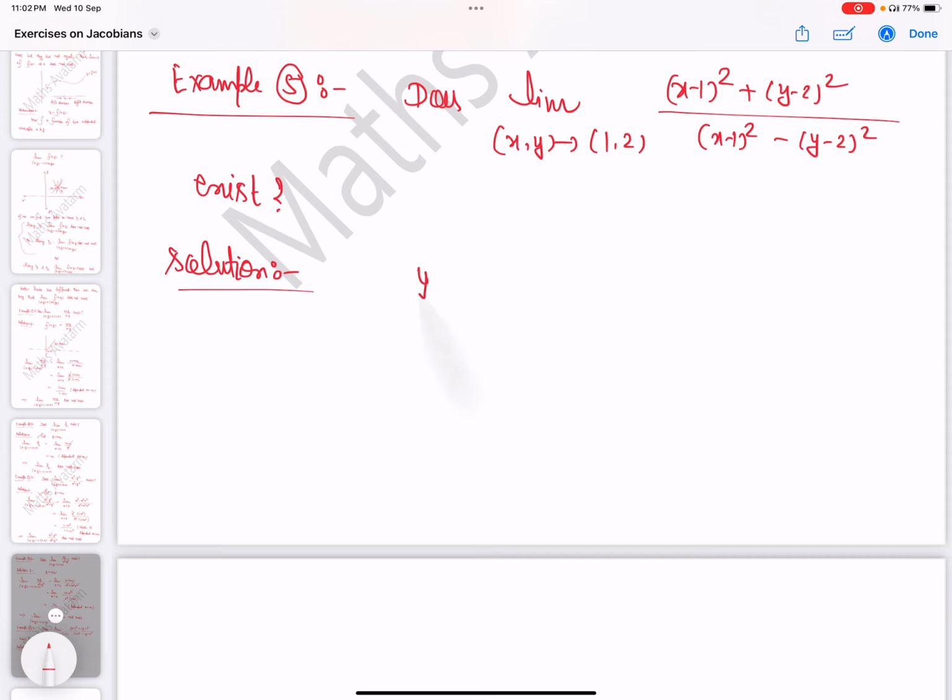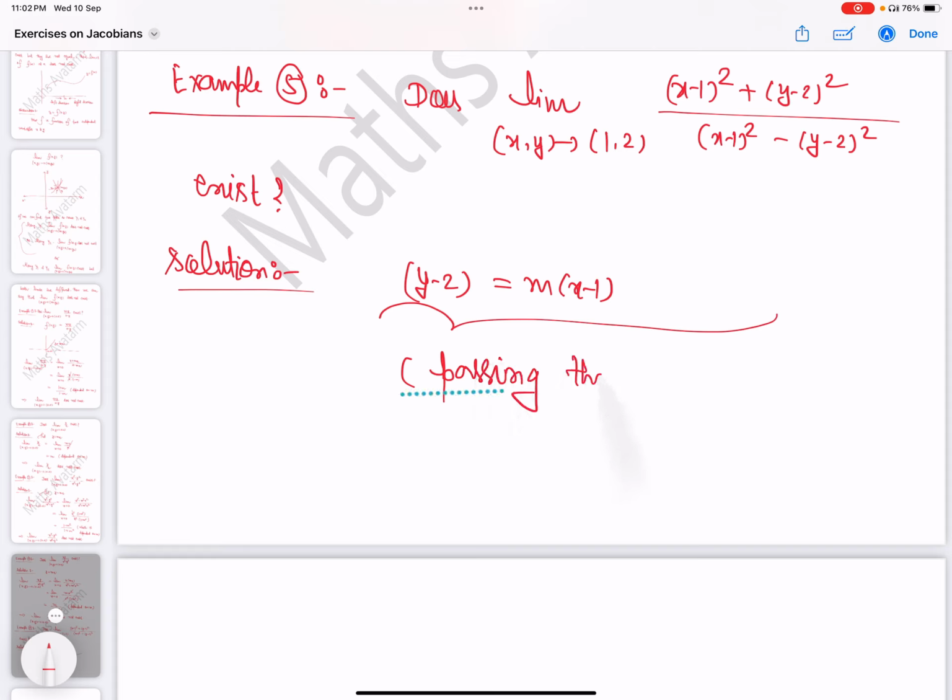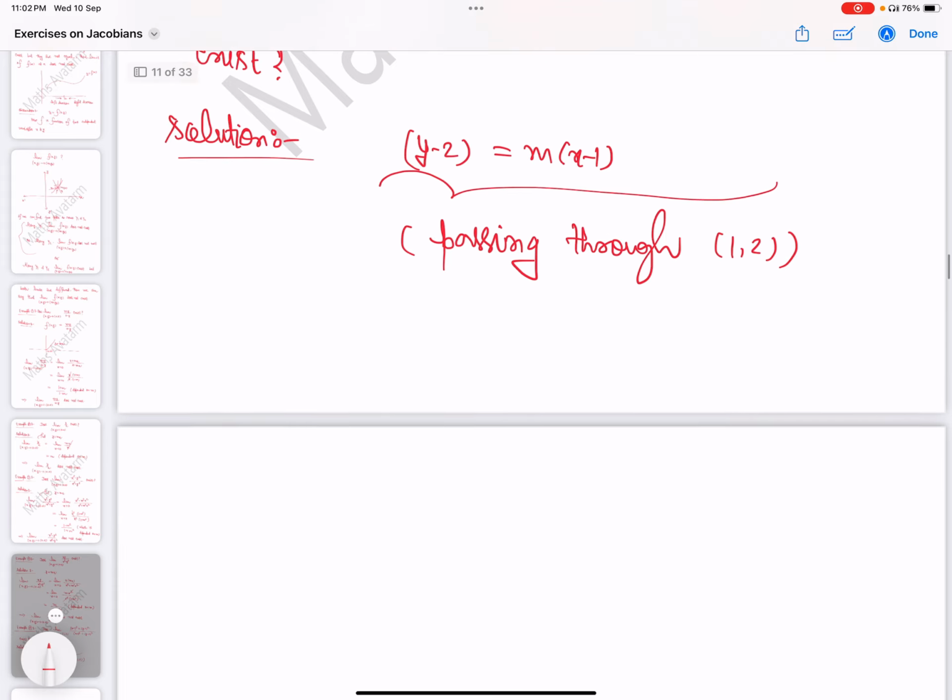So we can take y minus 2 equal to m times (x minus 1). This curve is passing through the (1, 2) point. So that is why we have to take this one.